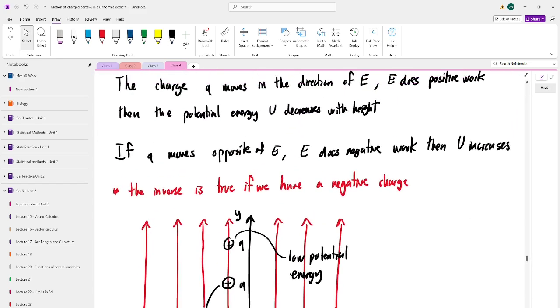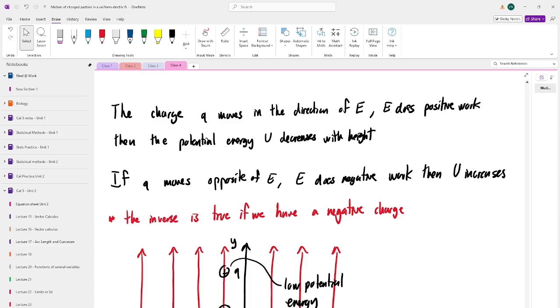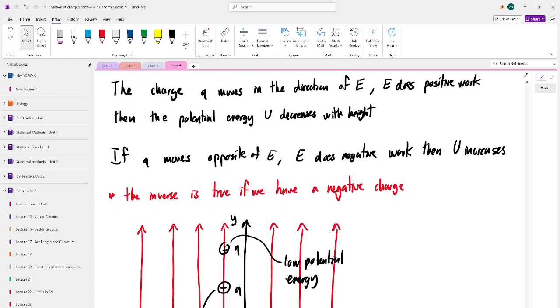And you can reason through why the two last points I made are true. If Q is moving in the direction of E, that means that Q is moving along the electric field lines, right? So Q, let's say, would be moving like that. So that means that the positive charge is moving in the direction along which it feels a force.